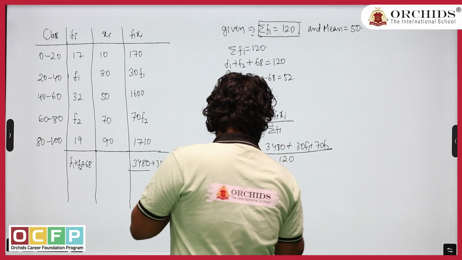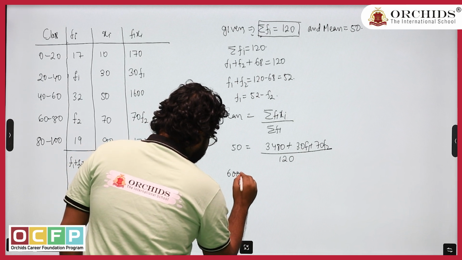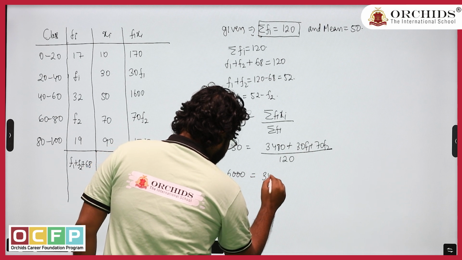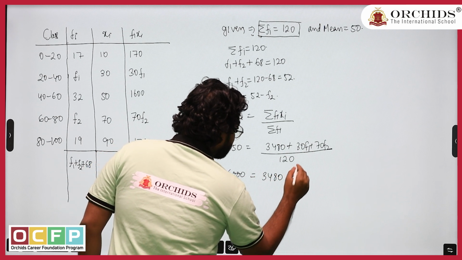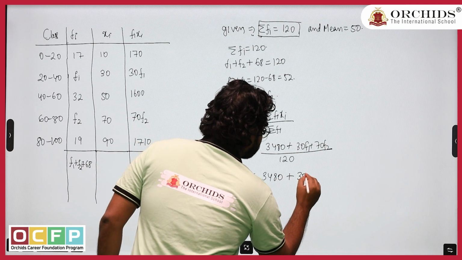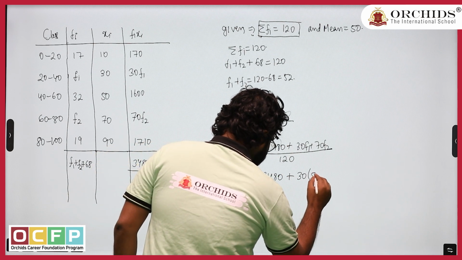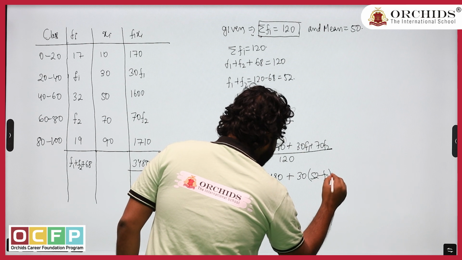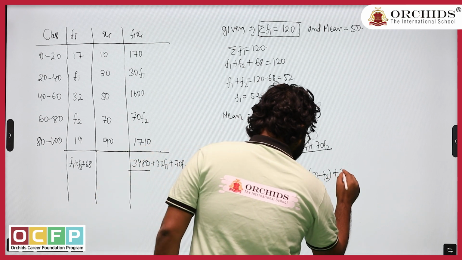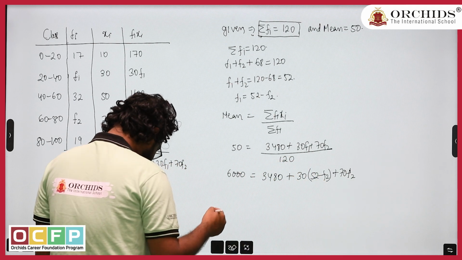120 will get cross multiplied. It will become 6000, which is equal to 3480 plus 30 times, and I will substitute the value of f1, which is 52 minus f2, plus 70 f2. Let's open this bracket. It will come this side.